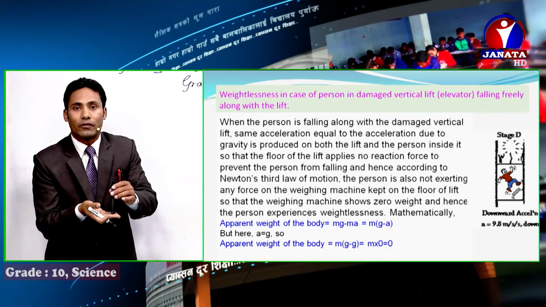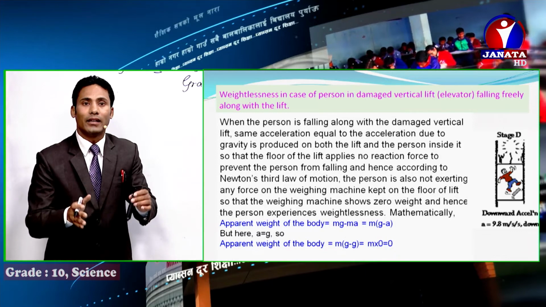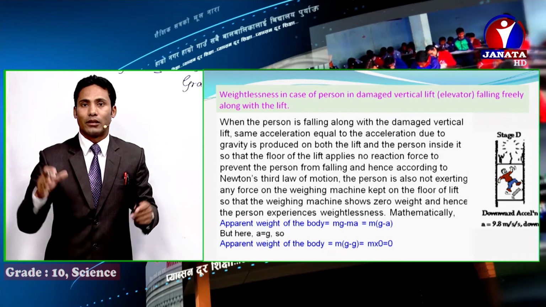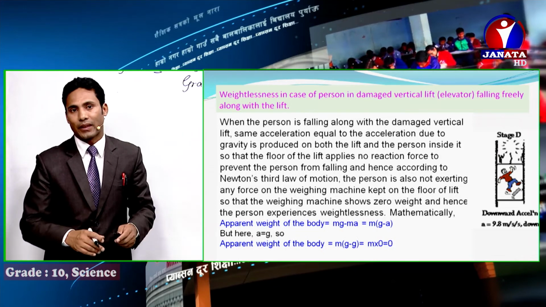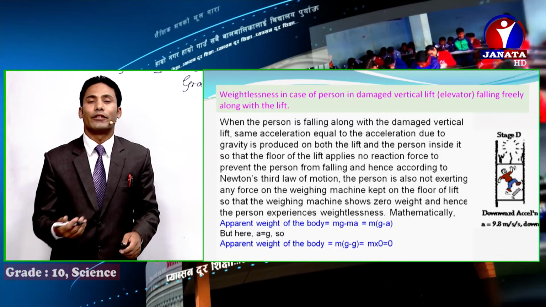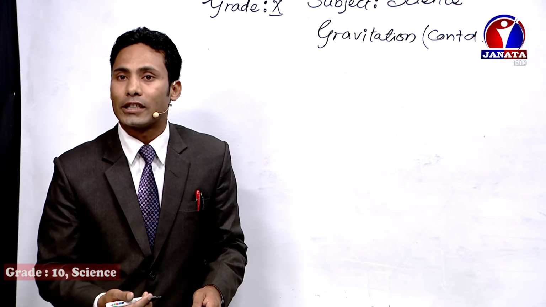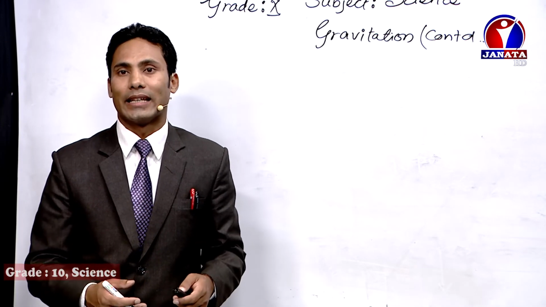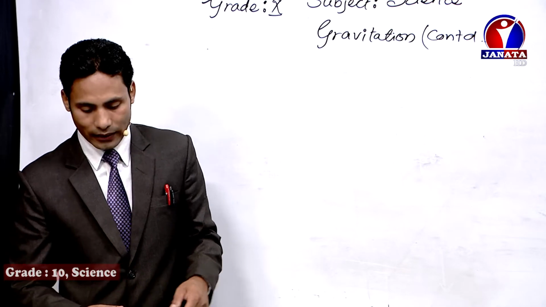Due to the lack of reaction force from the elevator, the person feels weightlessness when the elevator moves freely. That is the condition. So due to the lack of reaction force on the elevator, weightlessness is felt by the person in the elevator.